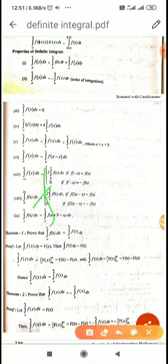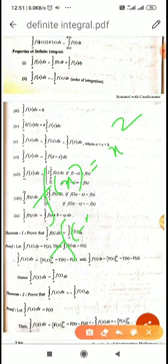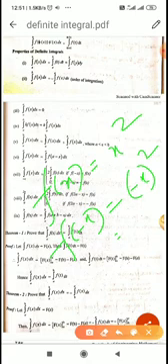For example, f of x is equal to x square. Check whether this function is an even function or an odd function. So now to check whether it is even or odd, we are going to replace x by minus x. So f of minus x is equal to minus x whole squared.